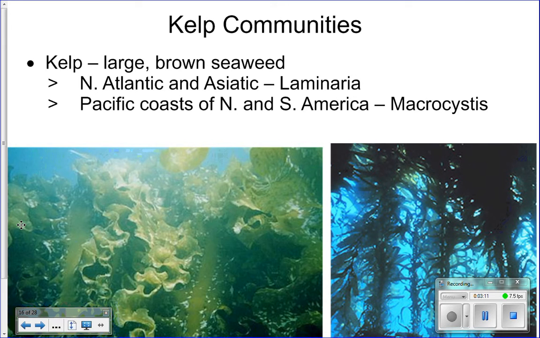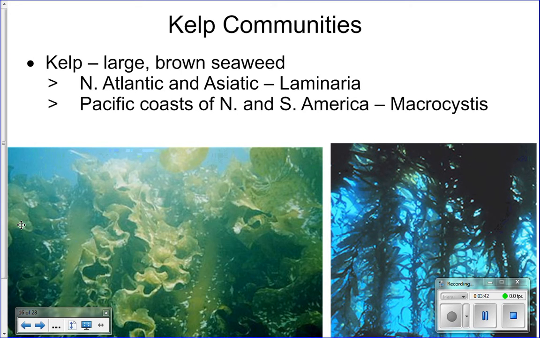But if you're off our coast, you're going to see Macrocystis, the picture right here. That's the giant kelp, and that's the type of kelp that will form kelp forests on our coast. Depending on where you are, you'll have different kinds of kelp, and they're very different, so you're going to get different kinds of communities living in these two areas.